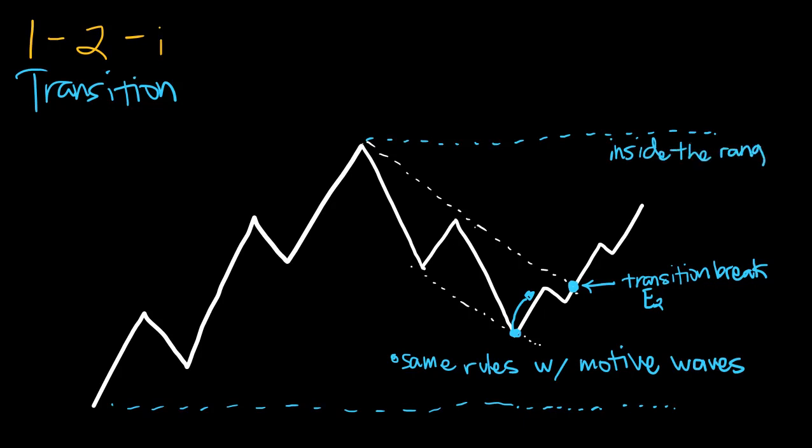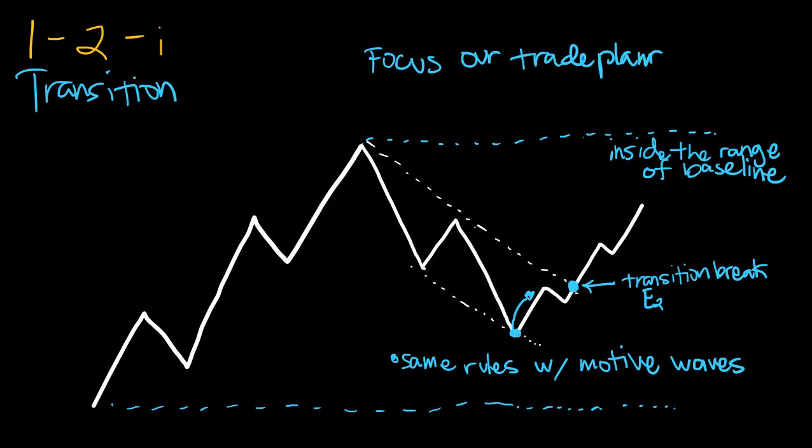Although there is a possibility that the peak of a transition will exceed the peak of the baseline, that could lead us to the probability that the correction is not yet over, or we are inside a 3-wave correction instead of a potential wave 3. Therefore, we will focus our attention, our energy, and our trade plans on wave 3s happening inside the range of a bigger wave 3.